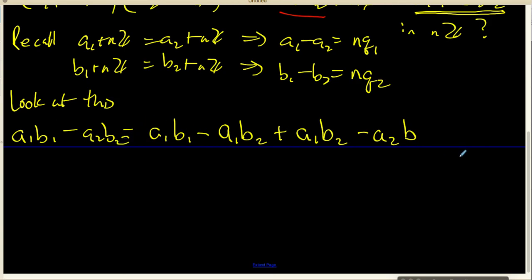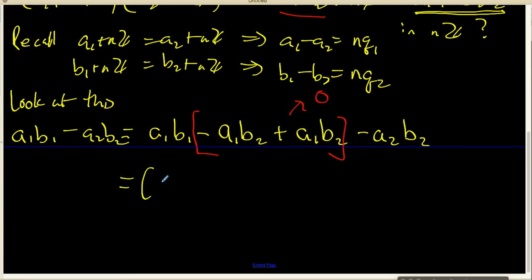And that should have a 2 there. And all I've done here inside this set of parentheses, this guy is a big fat 0. So we haven't changed the expression at all.